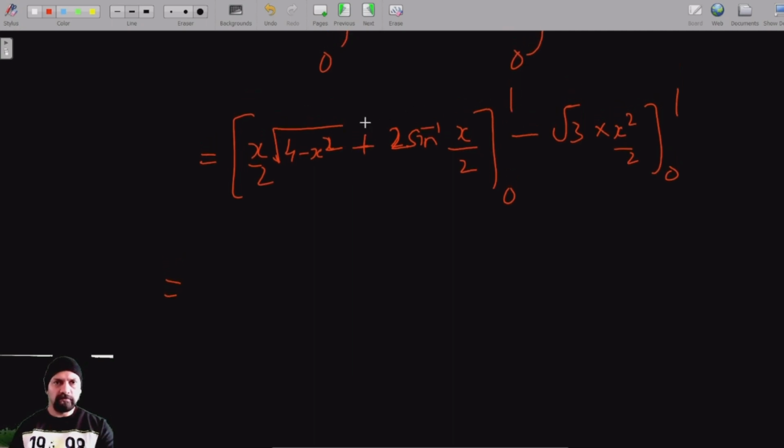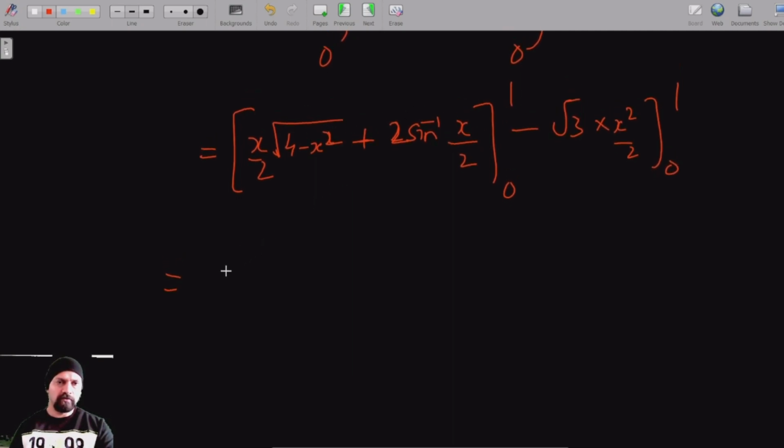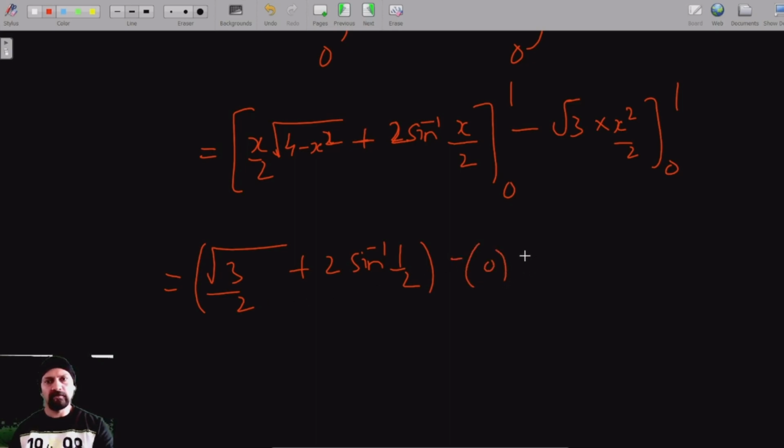Okay, now let's put in the upper limit. So this is 1 by 2, that is 4 minus 1 is root 3, by 2, plus 2 sine inverse 1 by 2, and after that it's 0. So minus 0, minus root 3 into 1 by 2 minus 0.